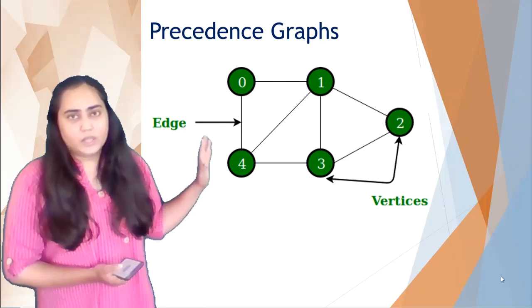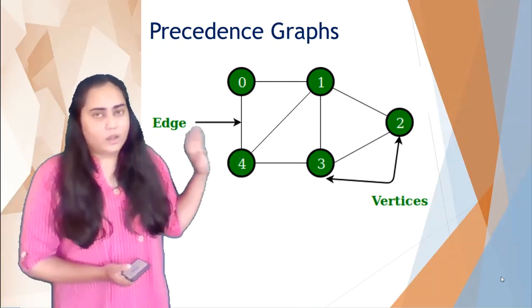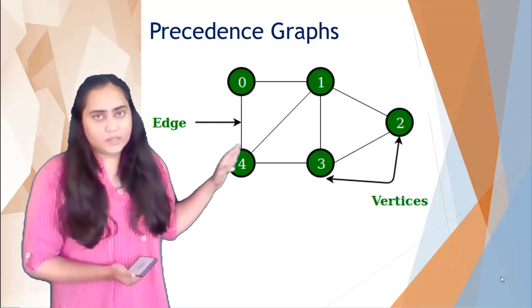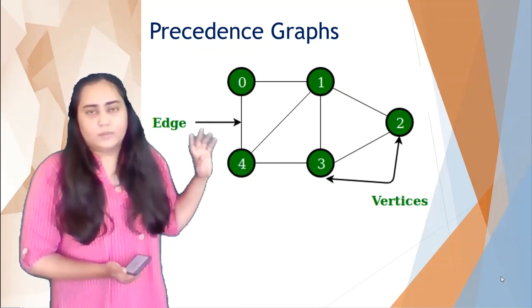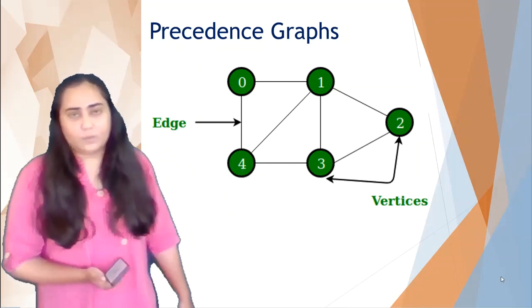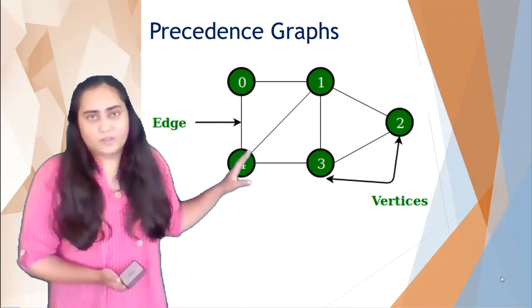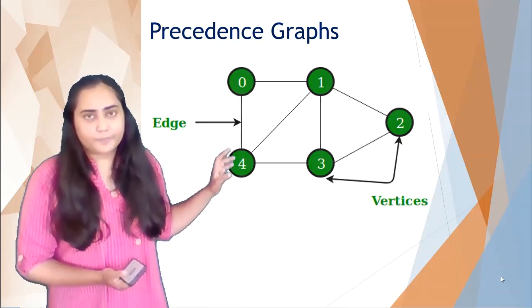So this is called a graph. If you are programming it, you would want to use a linked list to connect all these nodes, or a two-dimensional array, a matrix, which is created. So this is a graph, and using this graph, I can create a precedence graph.